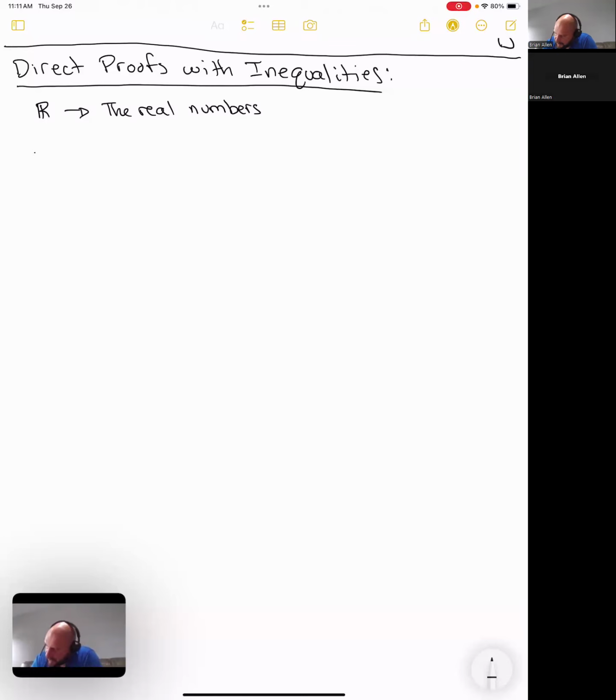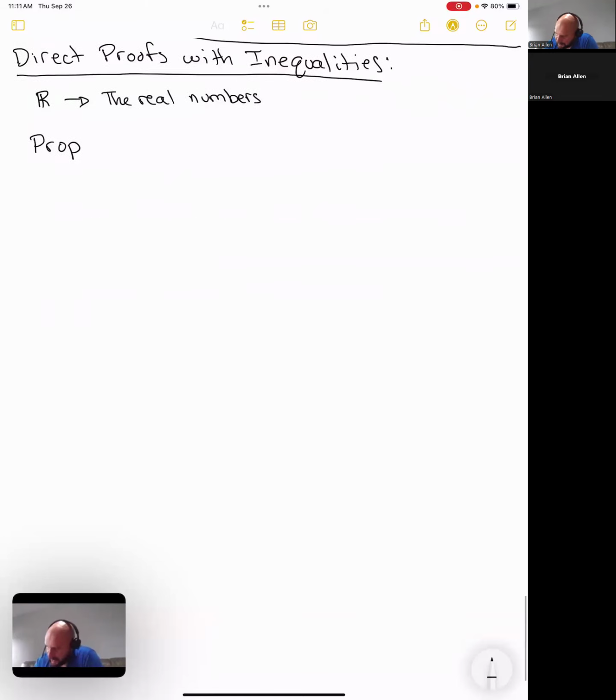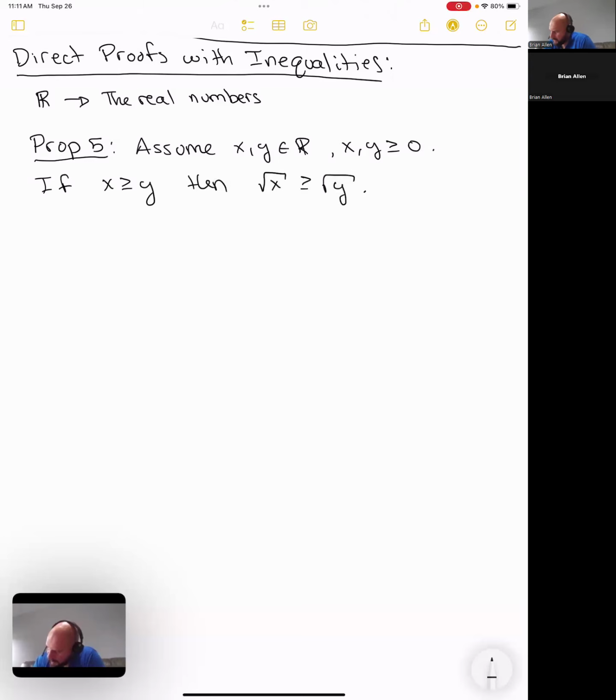And what we want to prove here by a direct proof is what we're going to call Proposition 5, which is: if you assume that x and y are real numbers, and specifically I want them to be non-negative, then if x is bigger than y, then the square root of x is bigger than the square root of y.